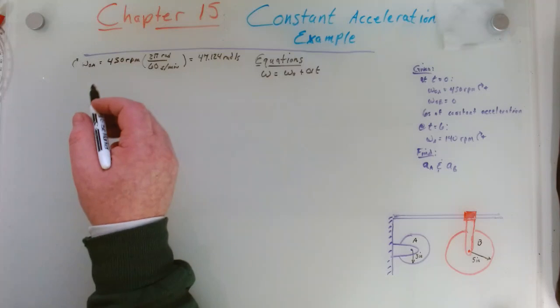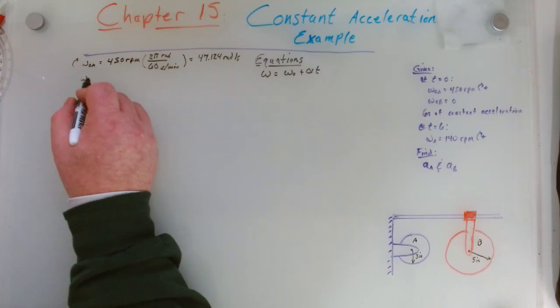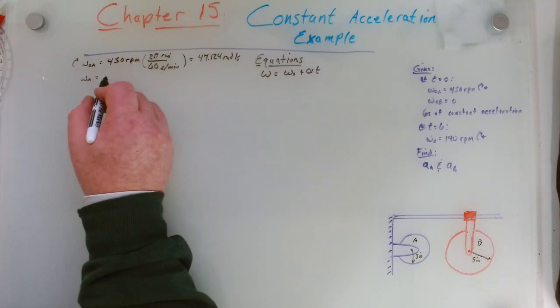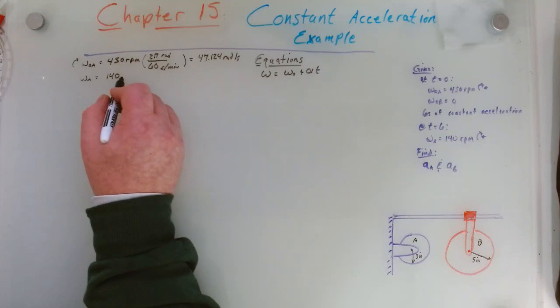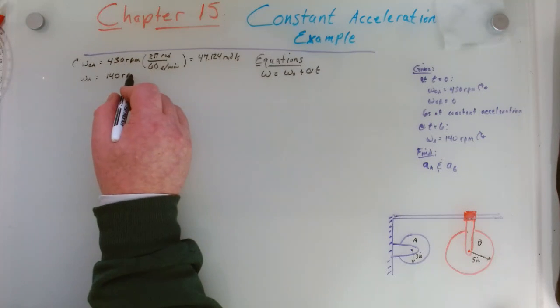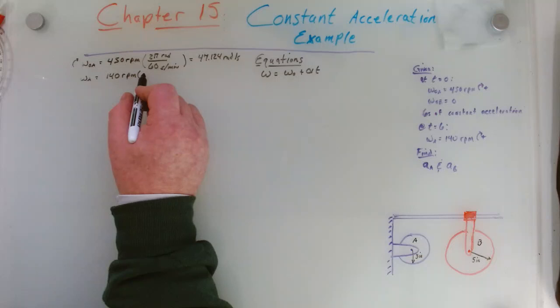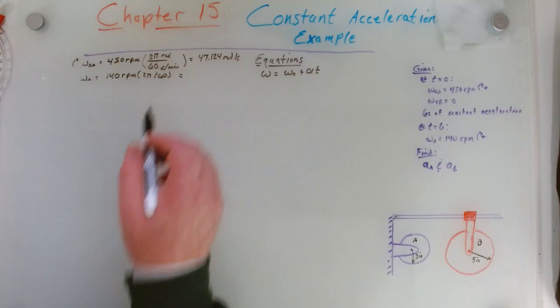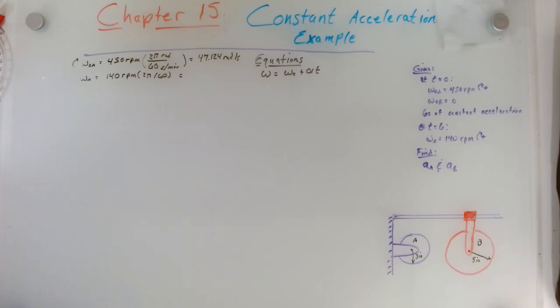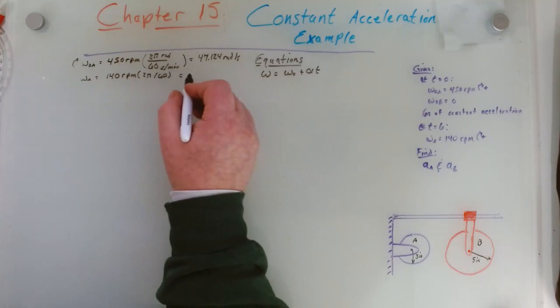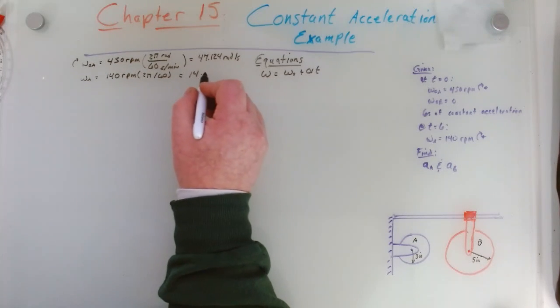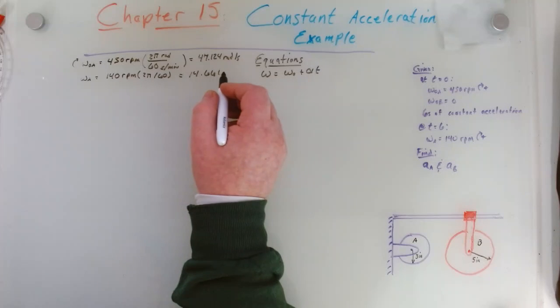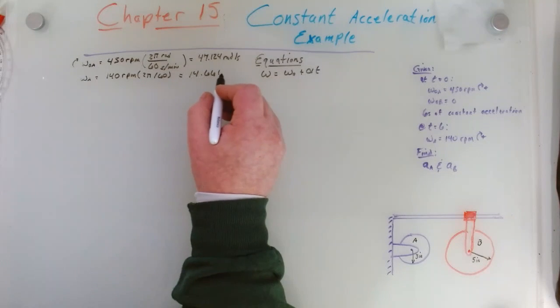And similarly, omega A is 140 RPM. Again, 2 pi divided by 60. And that is going to give us 14.661 radians per second.